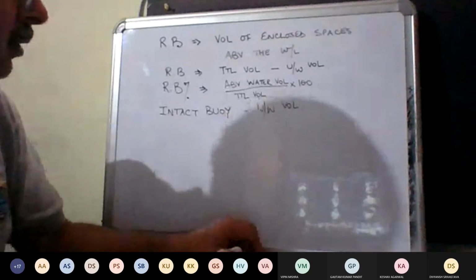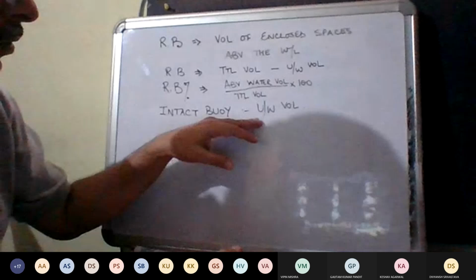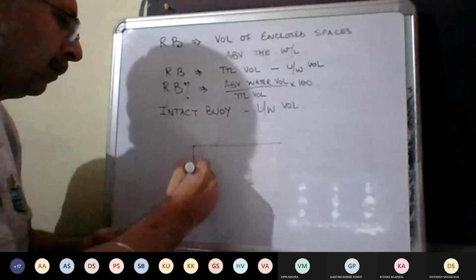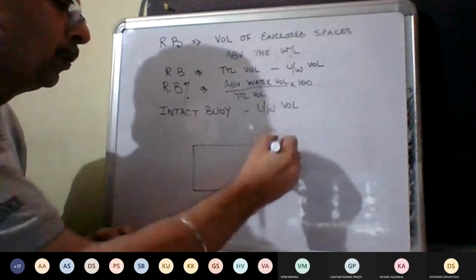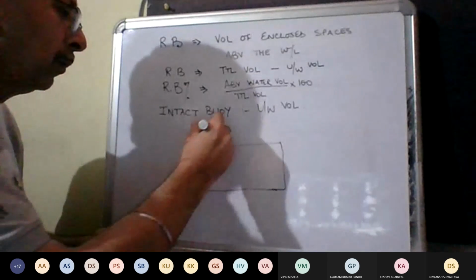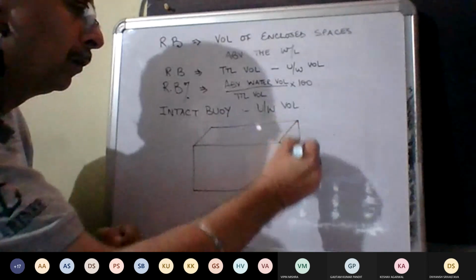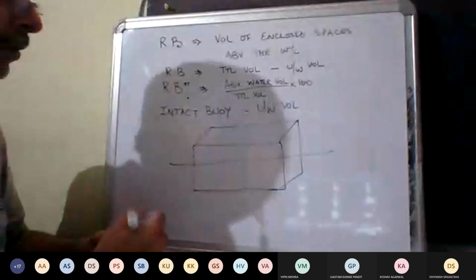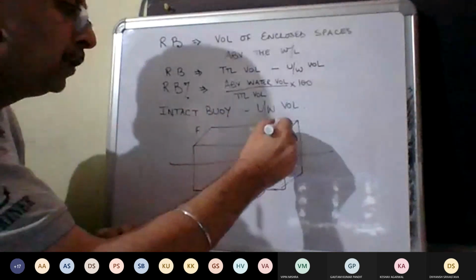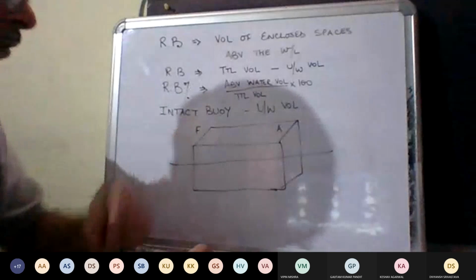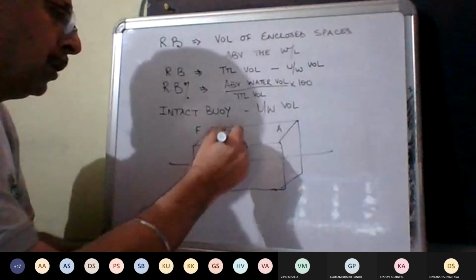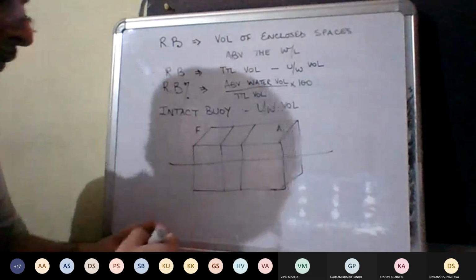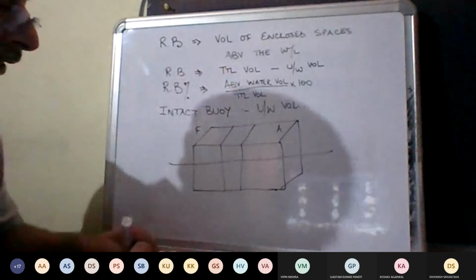Now, this portion of the underwater portion, supposing this is my vessel, box shape I've just shown for ease. This is forward, this is aft. And supposing this is one of my compartments, one of my tanks.